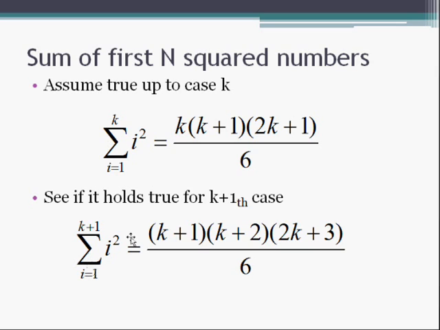So by plugging in k plus 1 in place of each of where we had k originally, we need to see if in fact our new sum can be written as k plus 1 times k plus 2 times 2k plus 3. So again, I just plugged in k plus 1 here, and then I distributed everything through. So that's where the 2k plus 3 term came from.